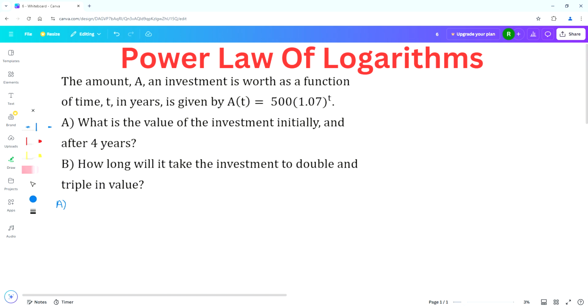The value of the investment initially is the value of the investment at the beginning of time. So we should sub in t as 0 in the given equation for the value of investment.